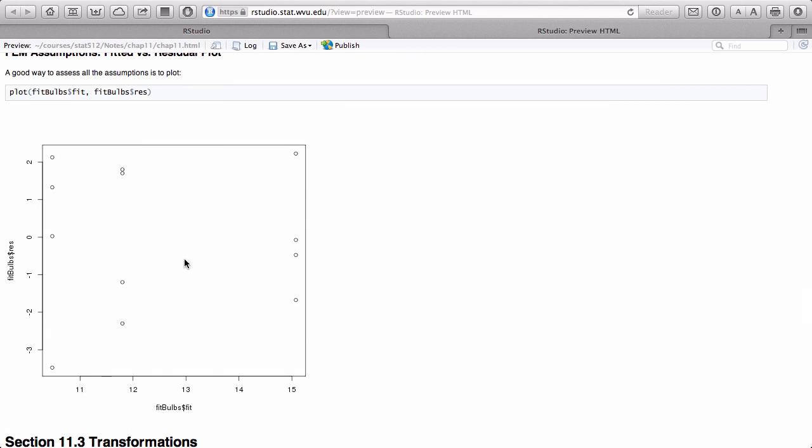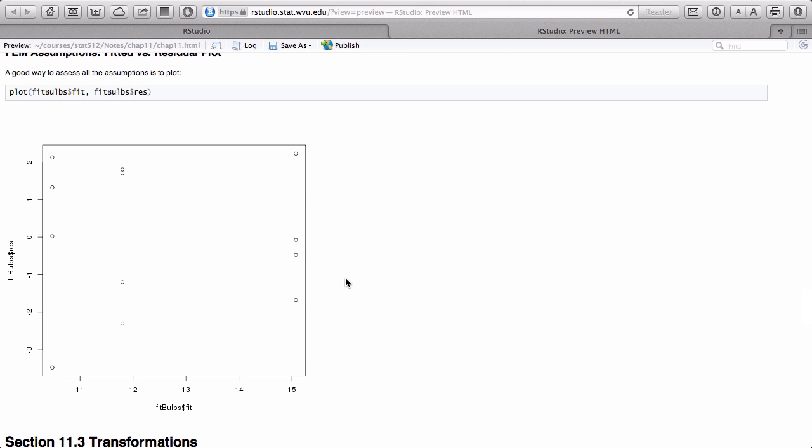So there are some other types of plots that you might want to do. One of the things we did in regression is you plot the fitted values versus the residuals. And again, if you think about a horizontal line here, when you're doing the fitted values versus the residuals, you want the residuals to be scattered about 0, up and down.